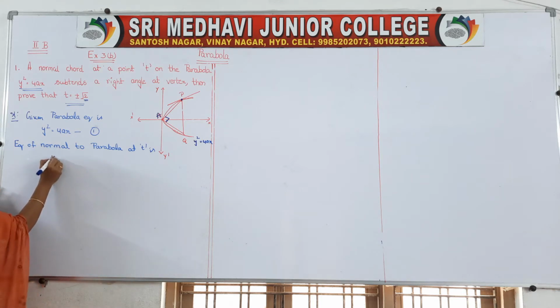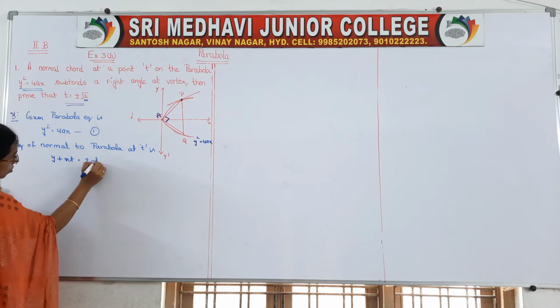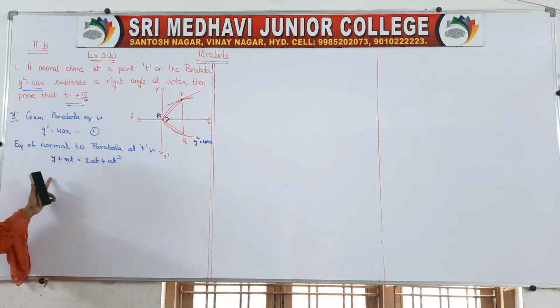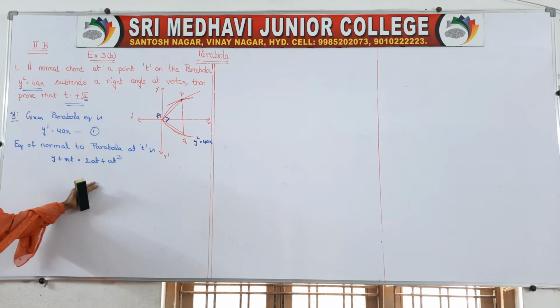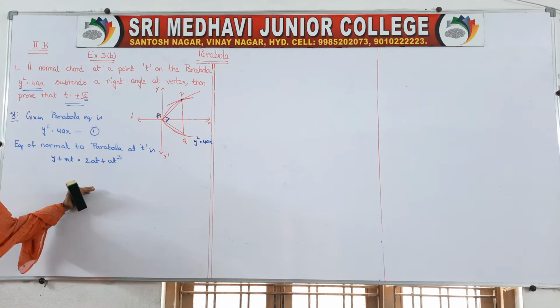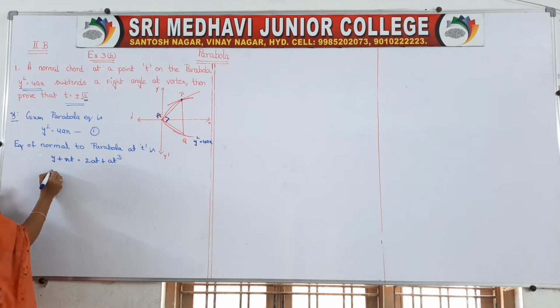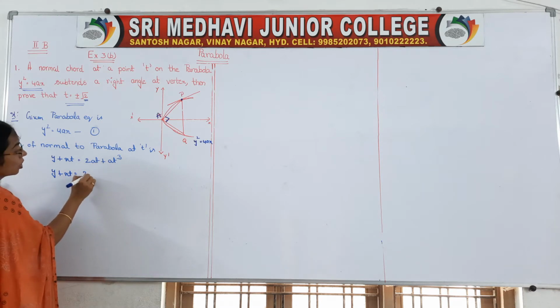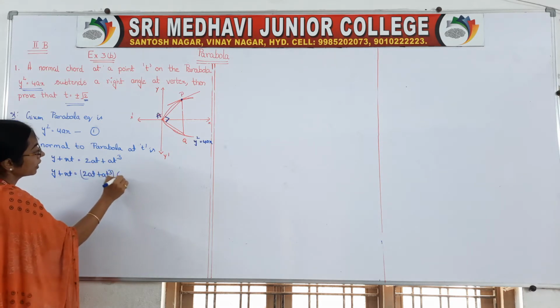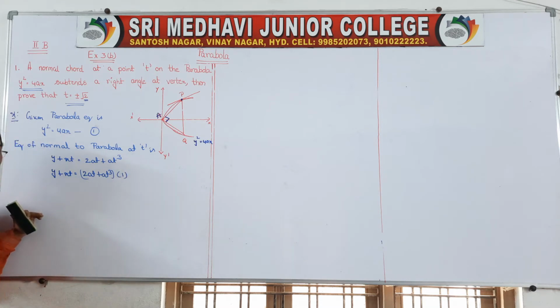So what is that? y plus xt is equal to 2at plus at cube. This is the normal formula with respect to t of the standard parabola. We can write this as y plus xt is equal to 2at plus at cube, into 1. Can we write? Yes, definitely.